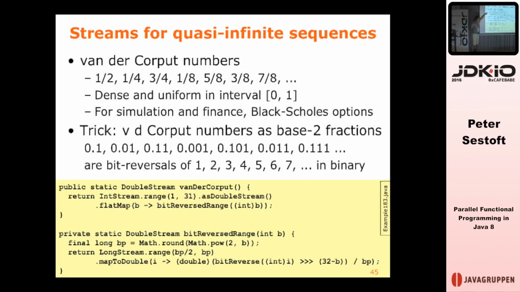And then you get 2 billion of these things, potentially, because it's generated lazily. The only thing is that it uses this function to reverse bits in an integer, which is standard.